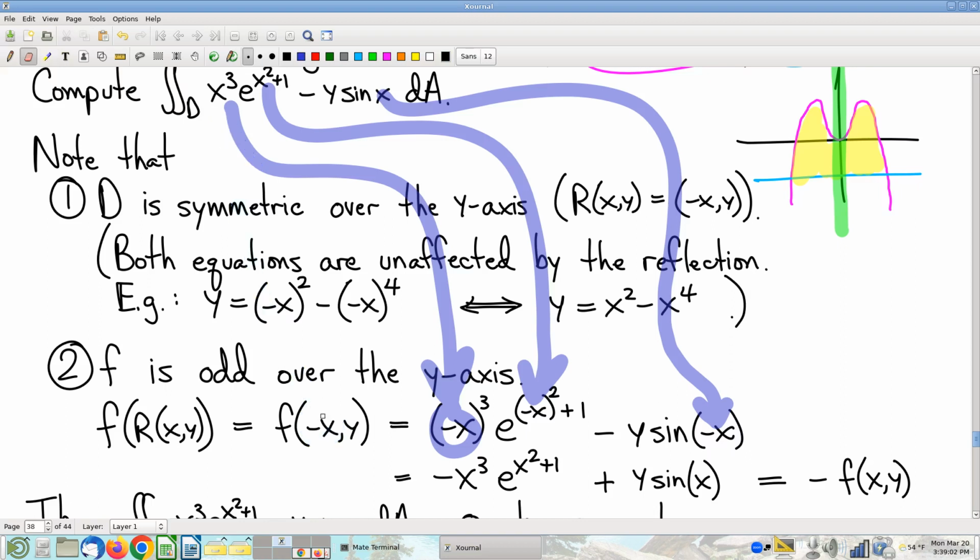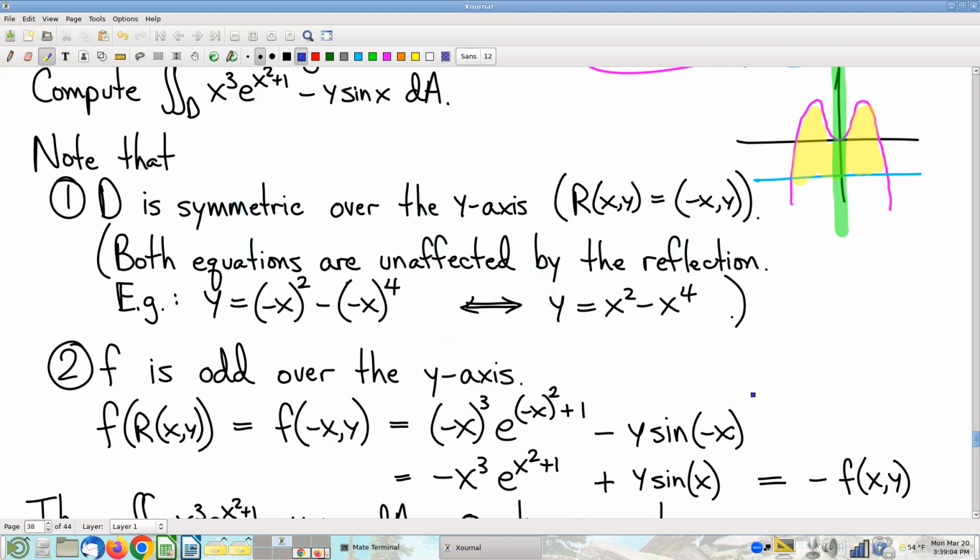If you want to avoid this confusion of variables, here's the easy workaround. No big deal. Just rewrite your reflection in terms of different dummy variables. Just rewrite it as r of s comma t equals negative s comma t.